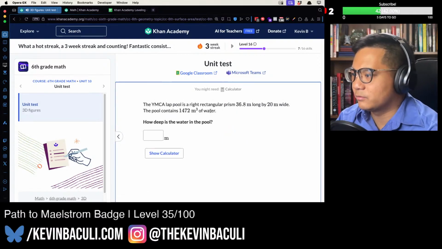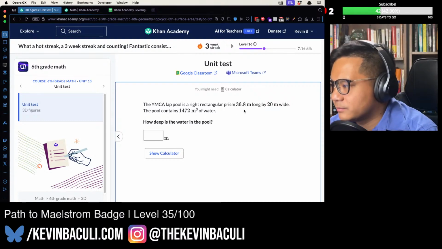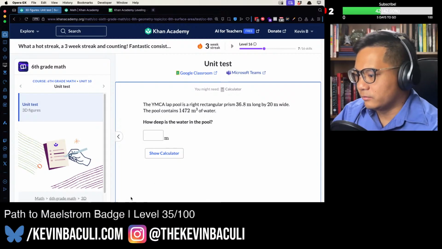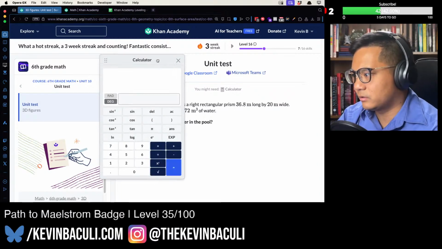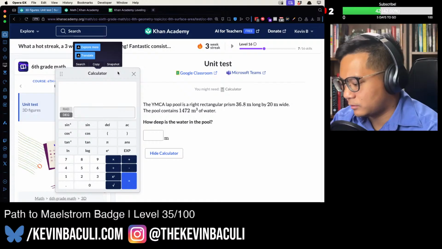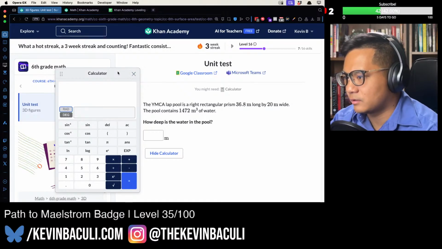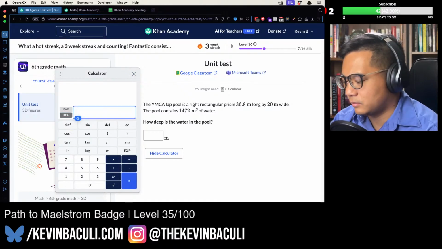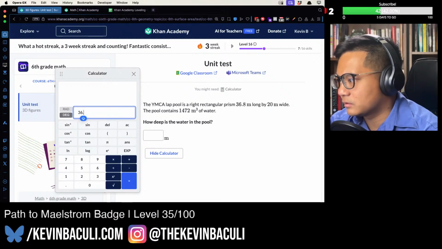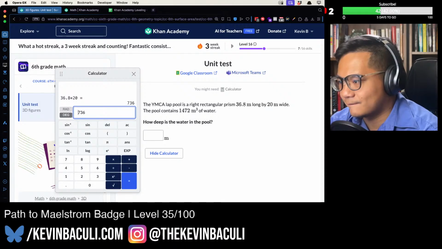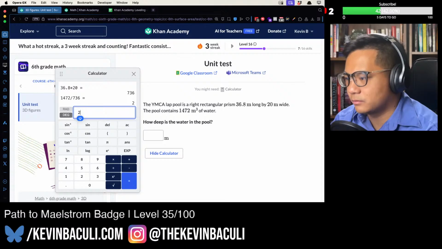The lap pool is a rectangular prism. How deep? 36. 36 at 8 times 20.